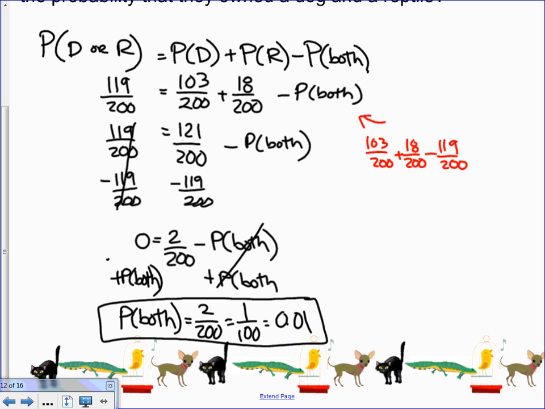I want to put the power back in your hands. You of course can use algebra, but I also like Bailey's method, where she's just thinking about it logically. Or, if you go back to this line right here, is 119 over 200 equal to 121 over 200? No. What would you have to subtract from this fraction so that they are equal? 2 over 200.